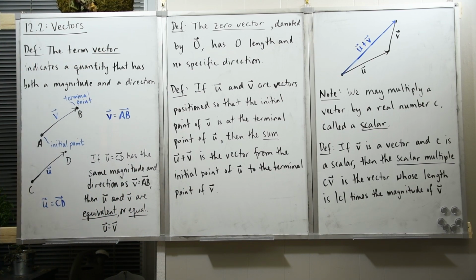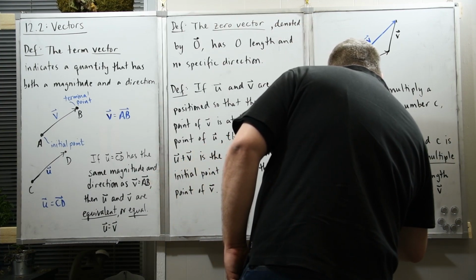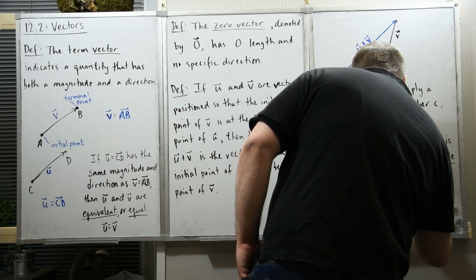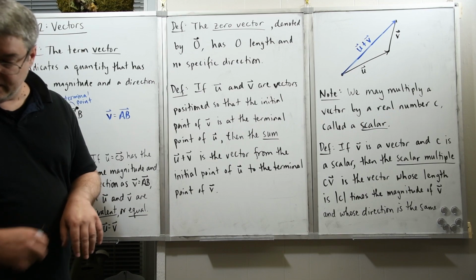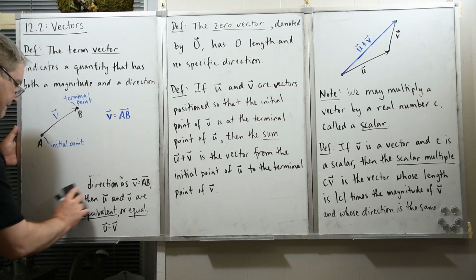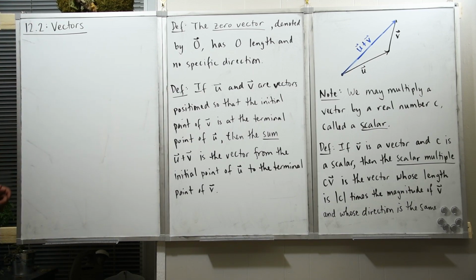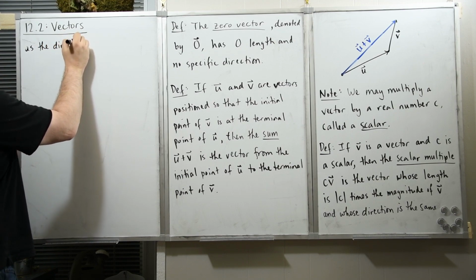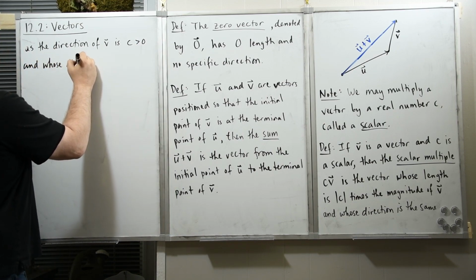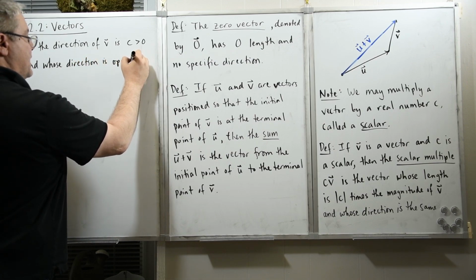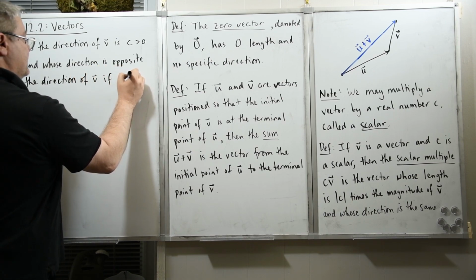But what we have to keep in mind is that the direction of cv is going to be the same as the direction of v if the scalar is positive, and the direction of cv is opposite the direction of v if c is negative.